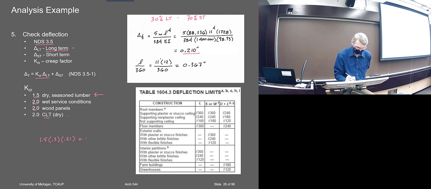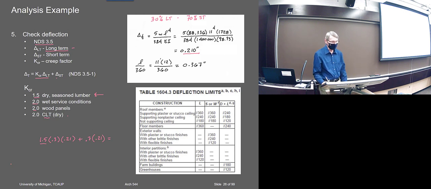Plus no creep factor, 0.7 is the other part of it, times 0.21. And I could add that up, and that way I'd be increasing by 50% that third that is long-term, right?